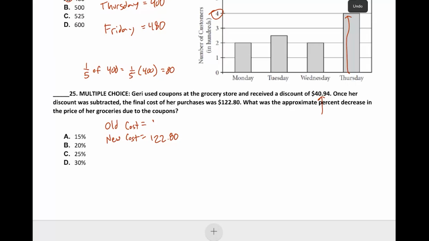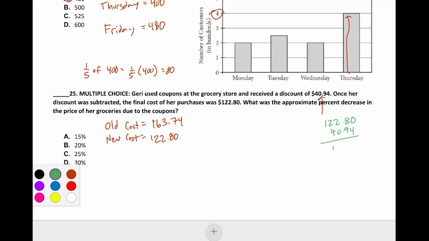Let's see what that is. $122.80 plus $40.94 is $163.74. Maybe it'd be worth writing this down out to the side. So we have $122.80. We're going to add back that discount to get the original cost.